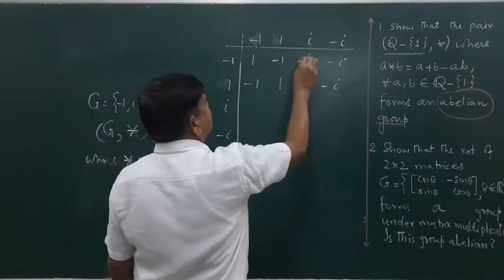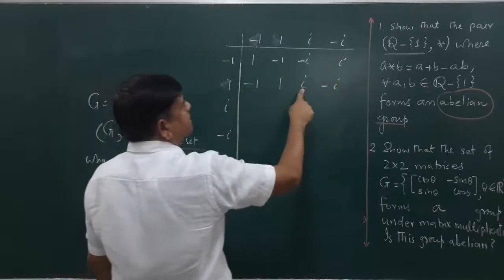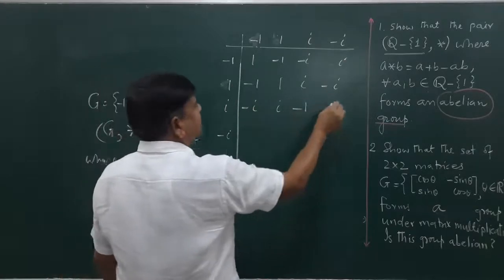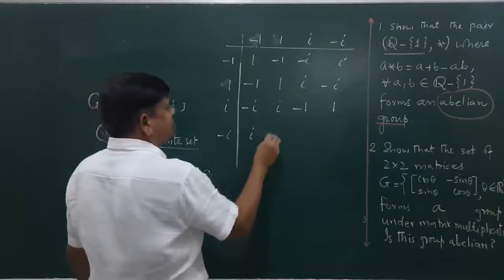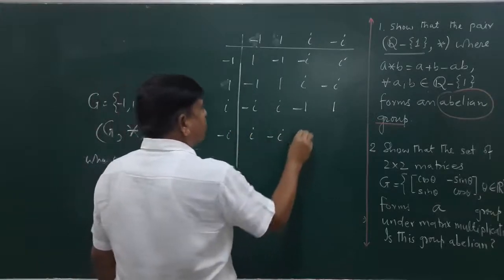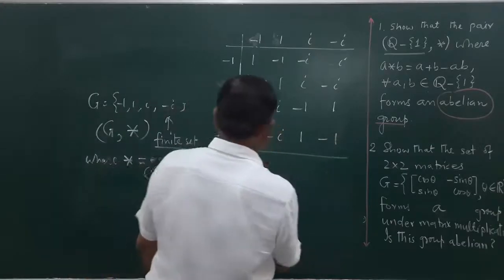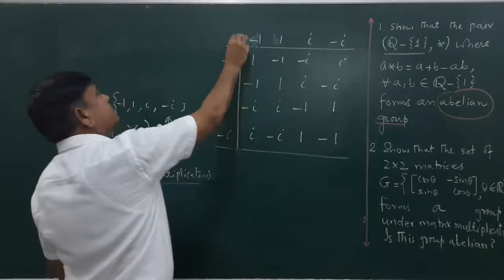Minus iota here, and this is plus iota. Okay. This is minus iota, minus 1, and it is plus 1. Minus minus plus, so it is iota, minus iota, 1, and this is minus 1. Look at this. Here it is multiplication.